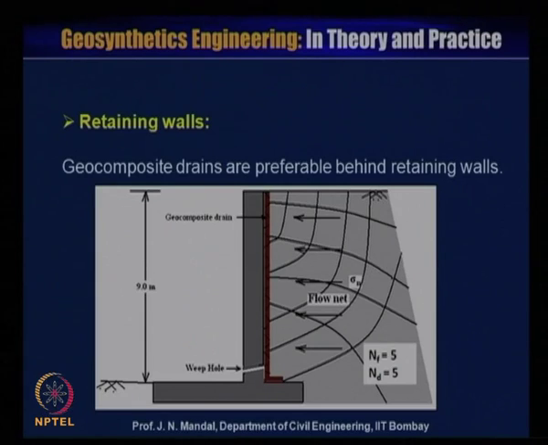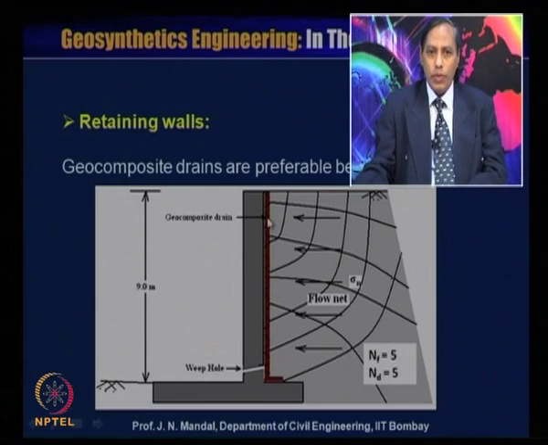Now, I will show how the geocomposite drains are used at the back of the retaining wall, and these geocomposite drains are prefabricated. So, here it is a 9-meter height wall and water flows and passes through this geocomposite drain.